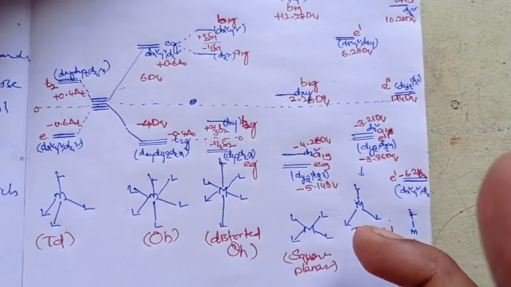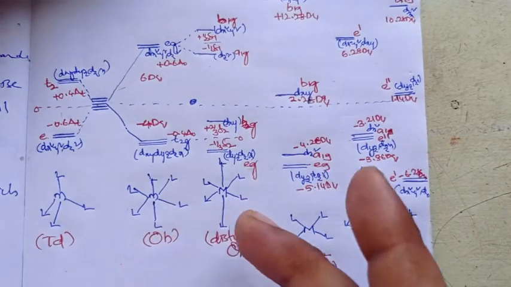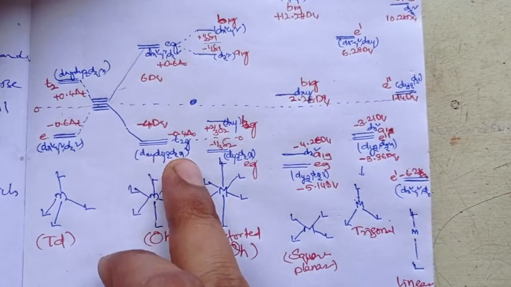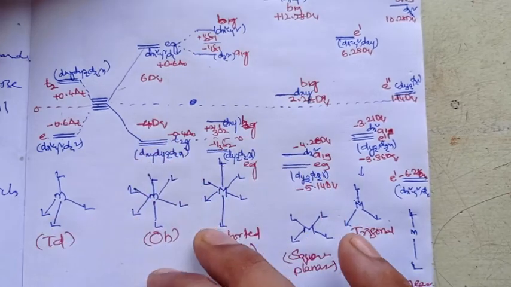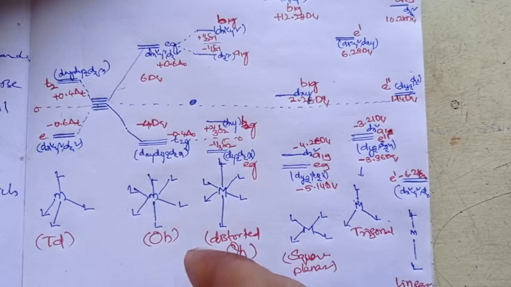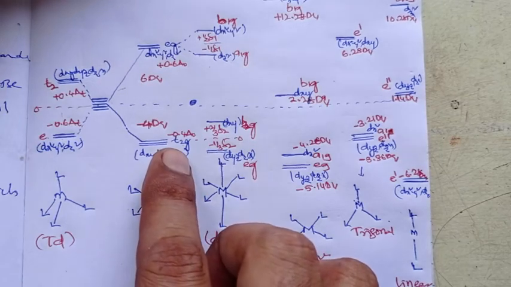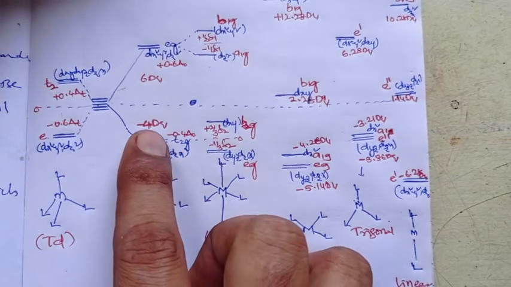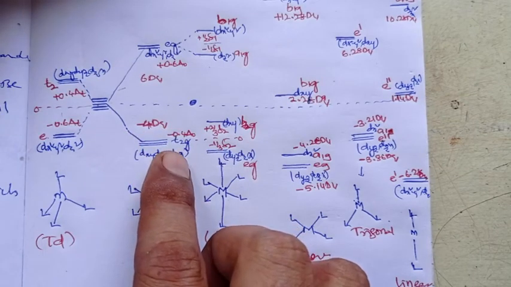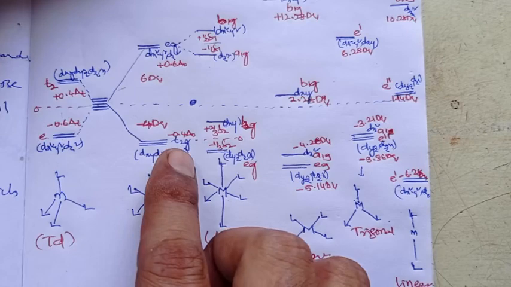So as the ligands approach axially, the non-axial orbitals dxy, dyz, dzx can lower their energy. Having no interaction with ligand sites, they lower their energy to minus 4 dq, and the energy state is represented as T2g.